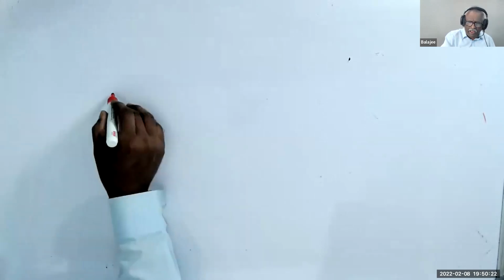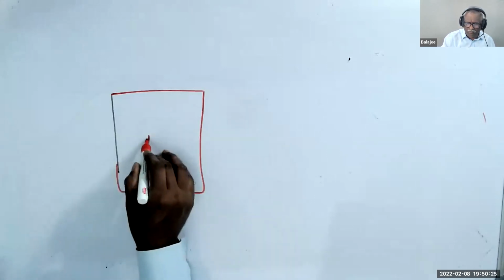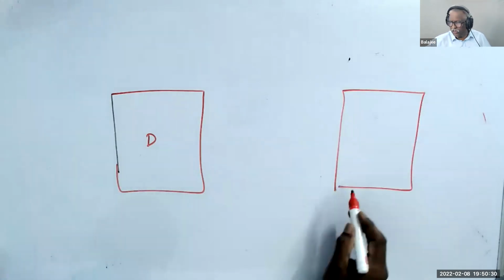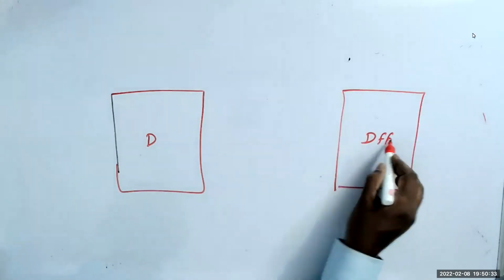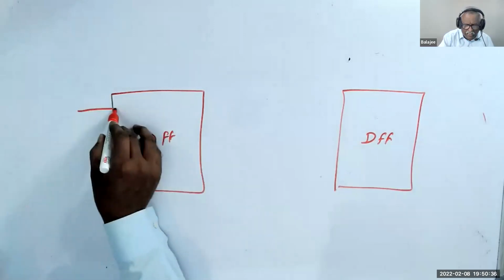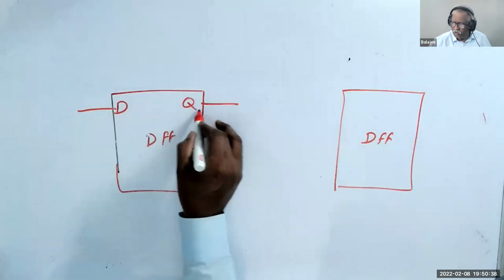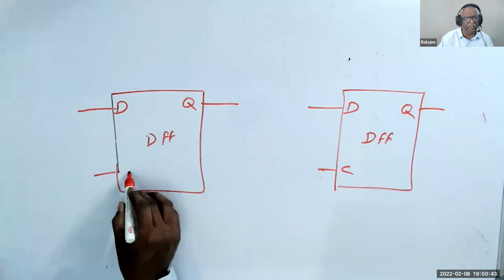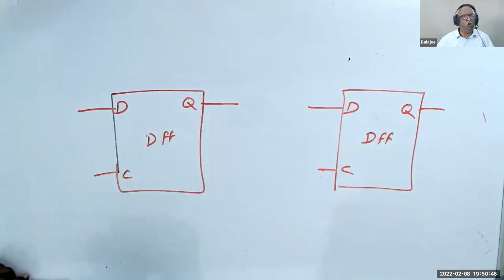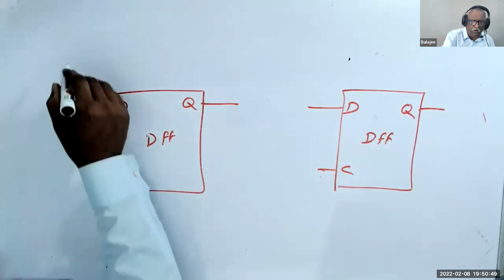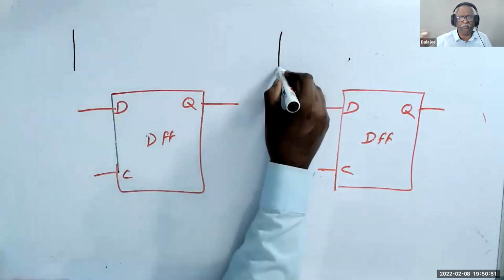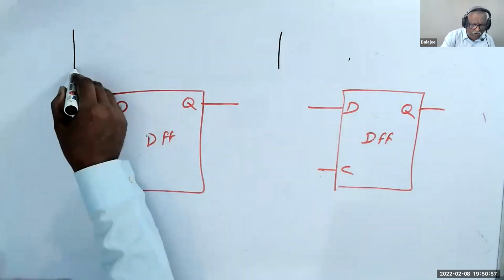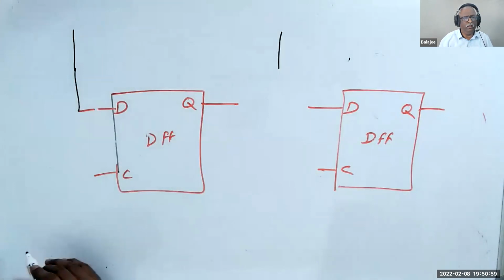Right now, I'll explain one thing. You see here, I have a block, one D flip-flop. I add only two D flip-flops. Please understand, don't forget this. D will have one input called D, one output called Q, and there is an input called C. You should never forget this. Now, I have two inputs here. One is a parallel input, and this one has only one input, because there's no serial input.